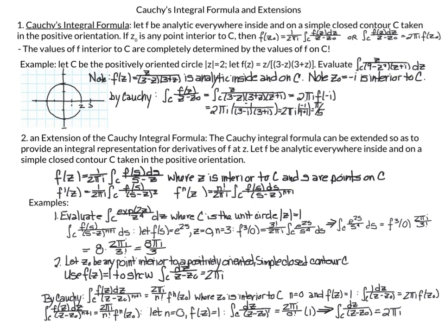Looking at how we will use the Cauchy integral formula to evaluate this closed contour, we can see we have z over 9 minus z squared. So this portion here is equal to our f of z, which we've noted is analytic inside and on C. No, it's not analytic at z equals 3 and minus 3, but those are points outside C, so we're not worried about that. f of z is analytic, and therefore we can use the Cauchy integral formula.